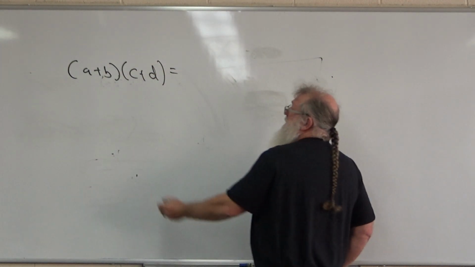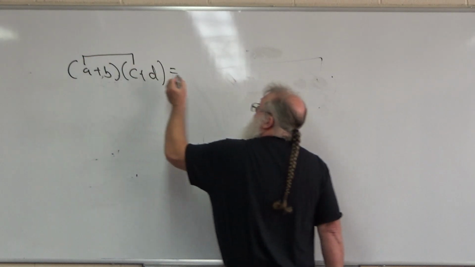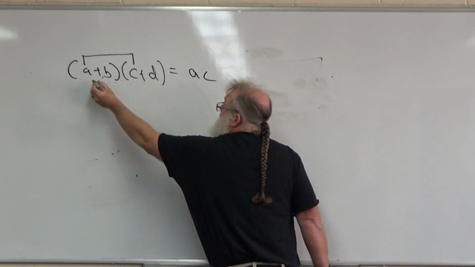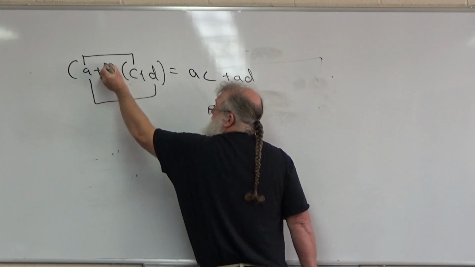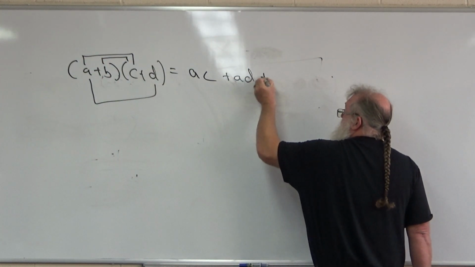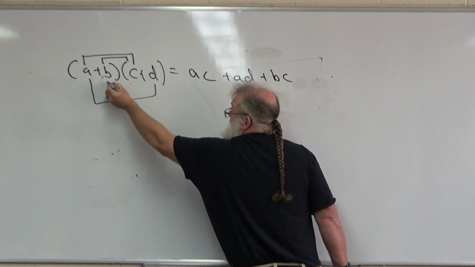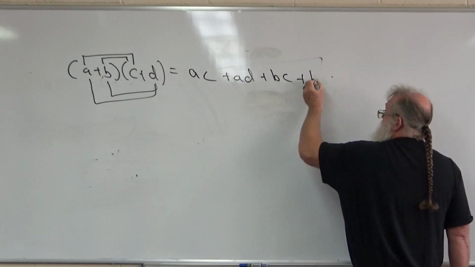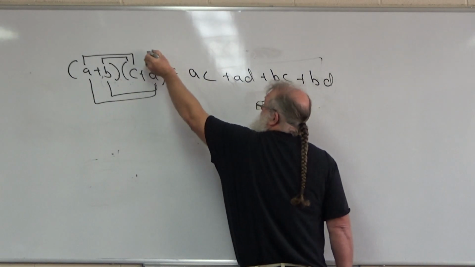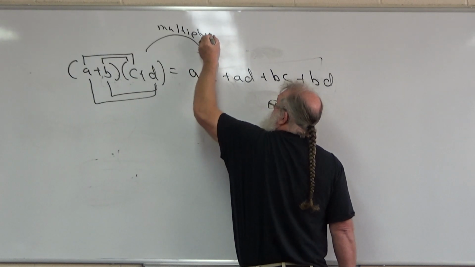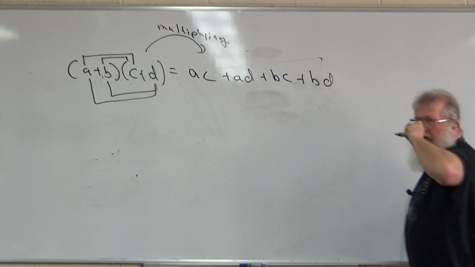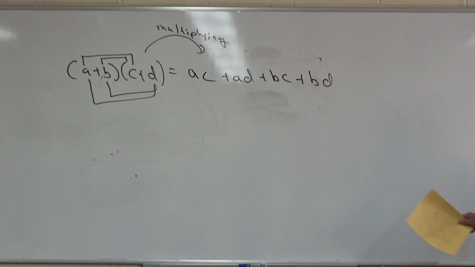First times first is A times C. Outside times outside, A times D. Inside times inside, B times C. And last times last, B times D. So this is called multiplying. If I misspell a word and you're taking notes, spell it correctly, make me look smarter than I am.